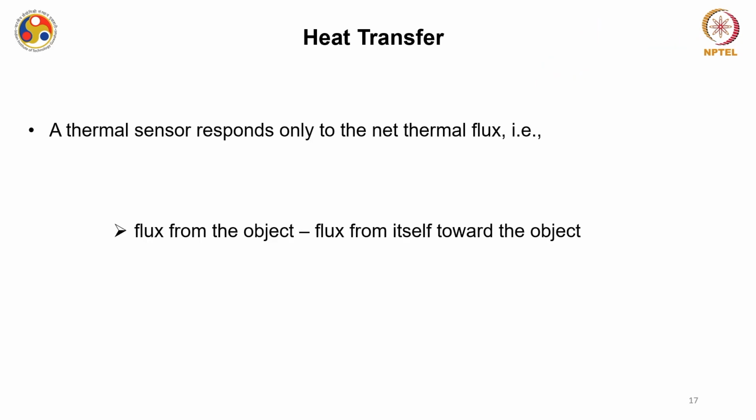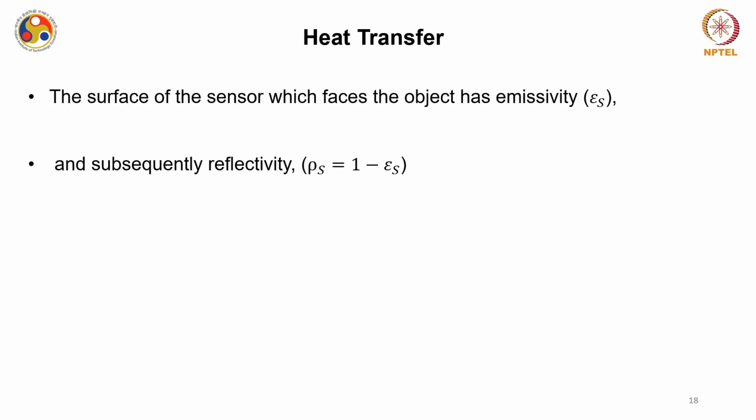All right. So a thermal sensor responds only to the net thermal flux, which is the flux from the object towards the sensor minus the flux from the sensor towards the object. So the sensor will respond to the net thermal flux. The surface of a sensor which faces the object has an emissivity, say epsilon s.